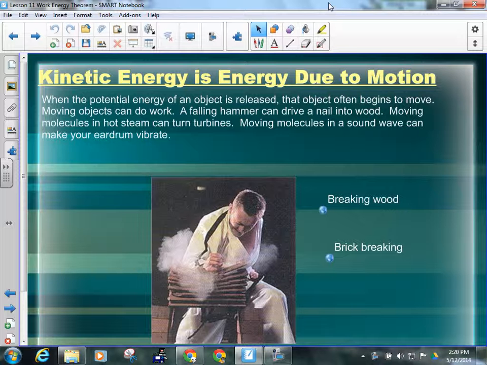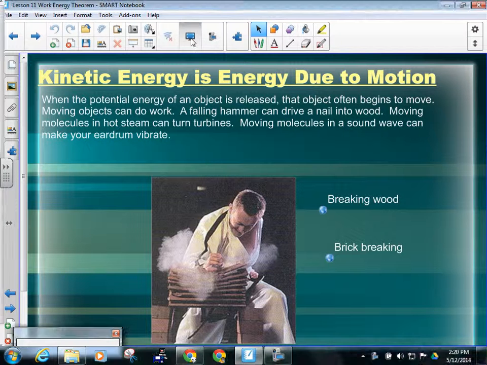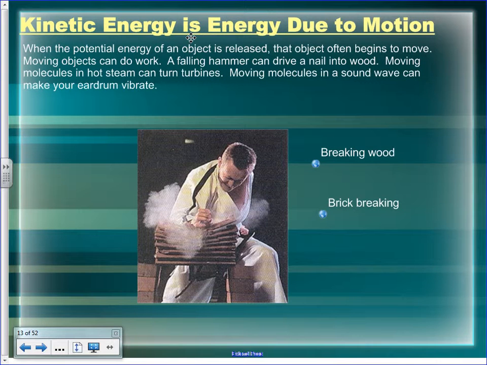The big thing here about kinetic energy, guys, is it's related to two things. Two things can affect the amount of kinetic energy that an object has: its mass and its speed. It is possible for something very small to have the same kinetic energy as something much, much larger, provided the small object is moving very fast.